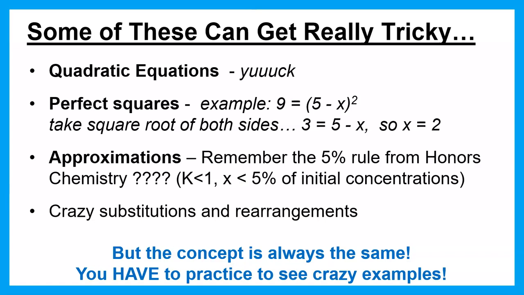You do need to practice. I'm not going to sit here in this video and go through a bunch of practice problems because there's just too big of a variety. Showing you 1 or 2 isn't actually going to do much good, because you have to start seeing a huge variety of samples. So doing your practice problems for these chapters is incredibly important, because you're going to have to practice a variety of ICE tables. You're going to have to practice doing the 5% rule and perfect squares and the quadratic equation.